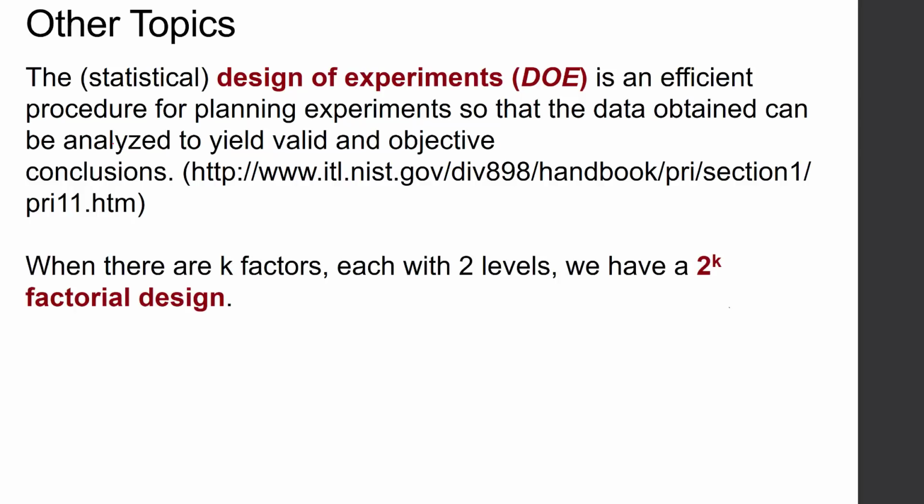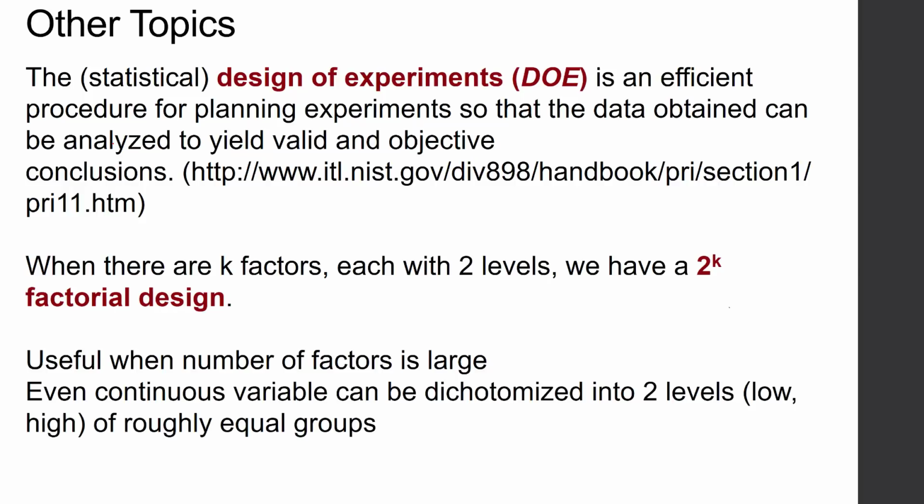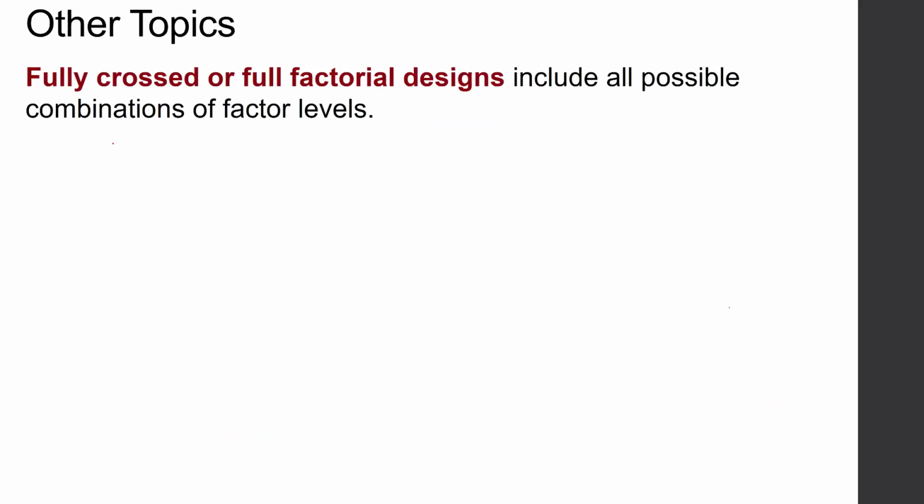When there are k factors, each with 2 levels, we have what we call a 2 to the k factorial design. This is useful when the number of factors is large. Even continuous variables can be dichotomized into 2 levels, like low and high, of roughly equal groups. A fully crossed or full factorial design, we've already talked about this, is one that includes all possible combinations of factor levels.